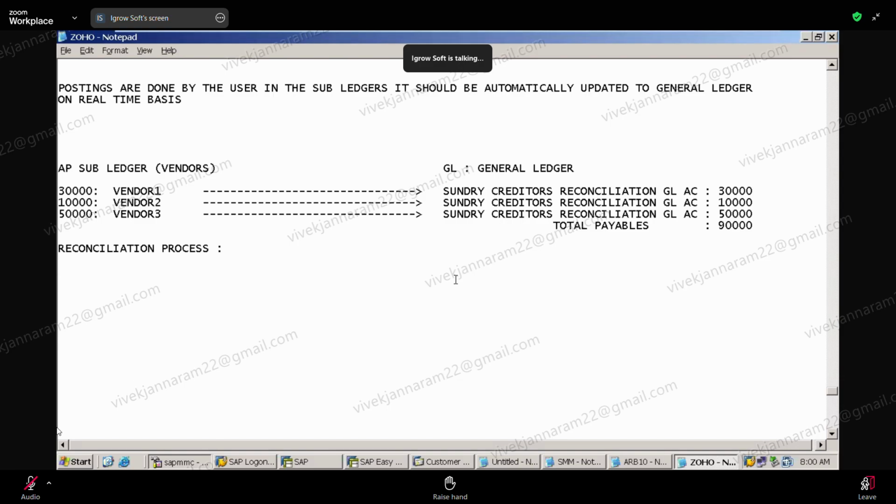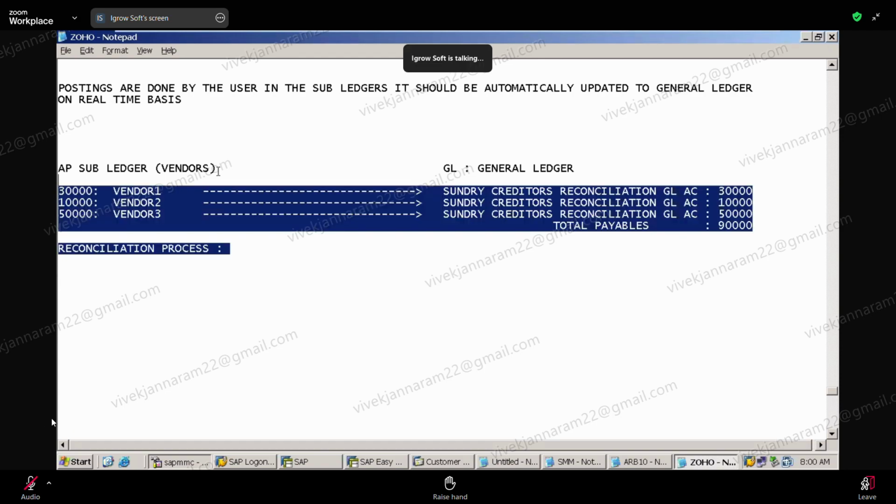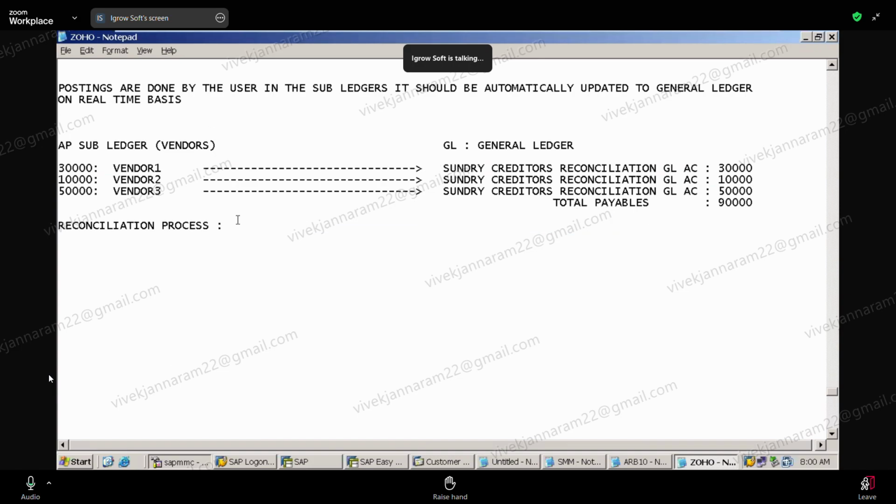Whatever is posted to the subledger is automatically updated to the general ledger on a real-time basis. This is the reconciliation process I discussed between AP and GL. A similar process will be there for AR also.